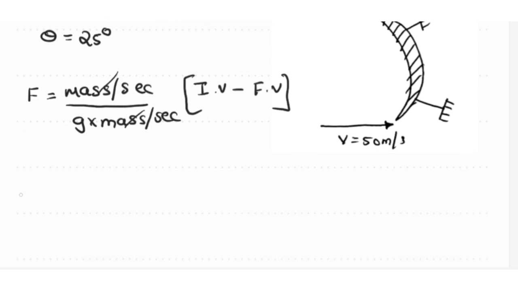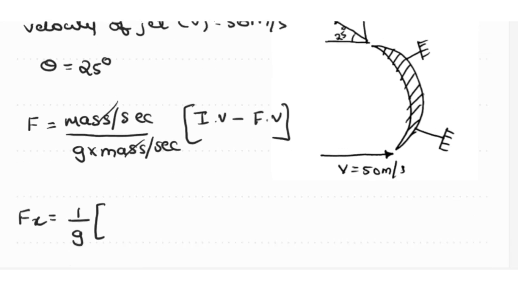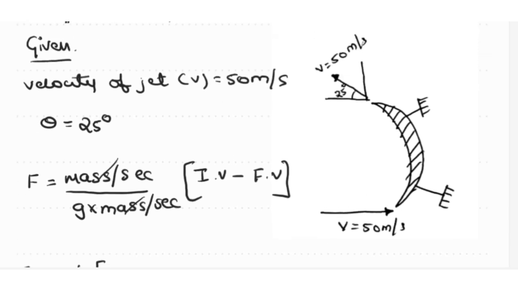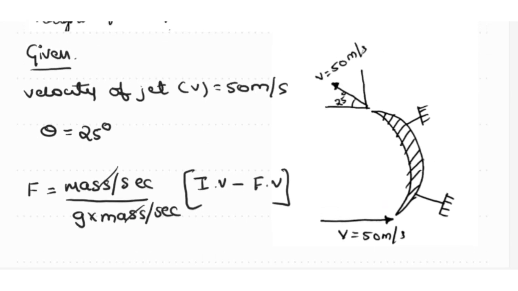So let us get the equation for Fx. Fx is equal to 1 by g. What is the initial velocity before striking the plate? That is nothing but V. And what is the velocity after hitting, while leaving?